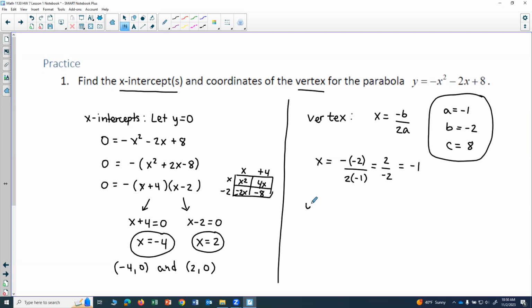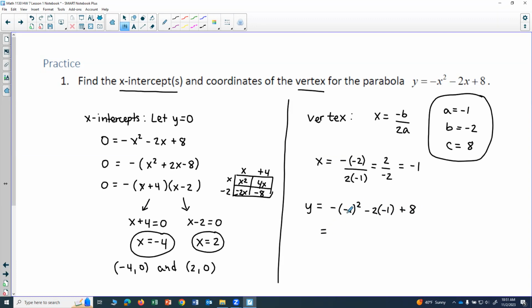And then the y is going to be the value that I get when I plug negative 1 in for x. So I'll get negative, and then negative 1 quantity squared, minus 2 times negative 1, plus 8. And you can just work this through.